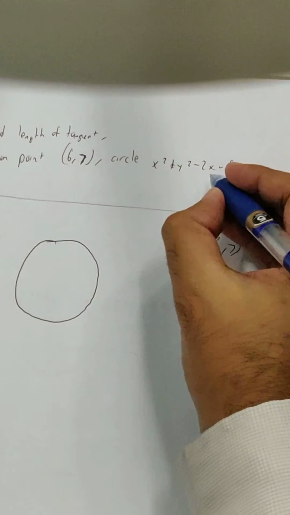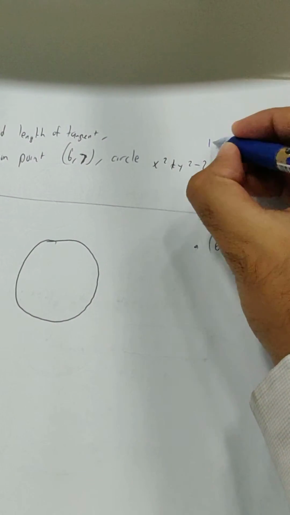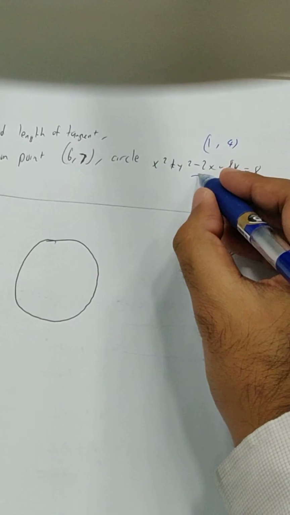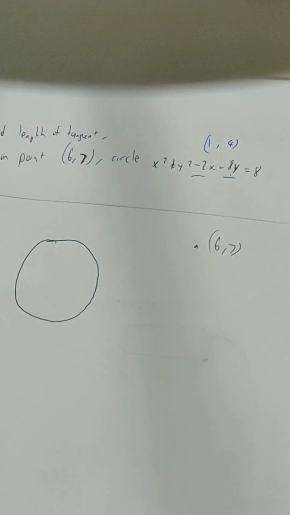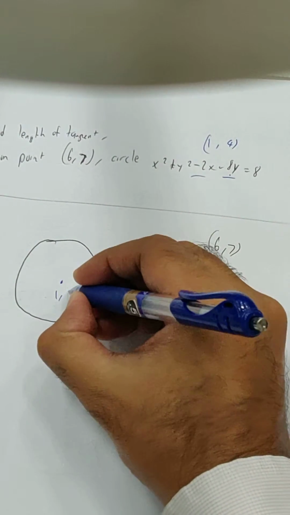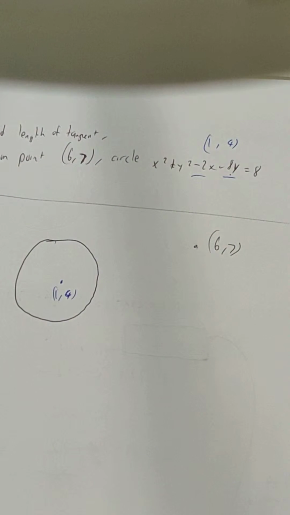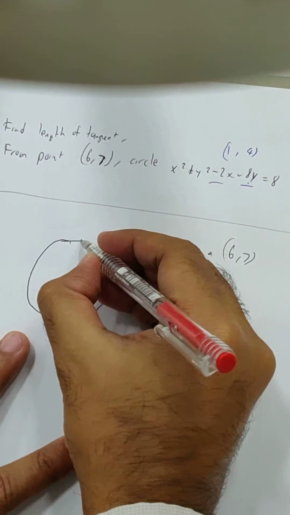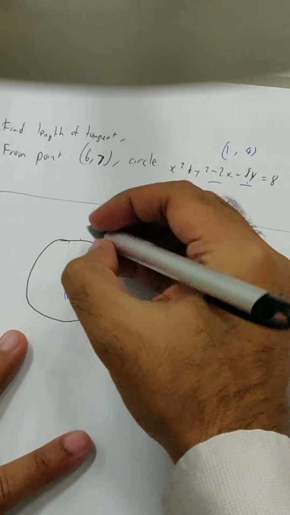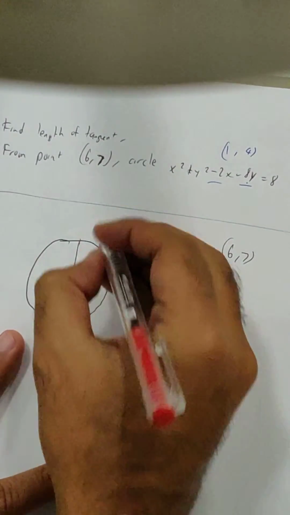Yes, you can find the center directly from here, which is 1 and 4, divided by -2, divided by -2. So where's our tangent line? So if this is 90 degrees, then our tangent line is this.